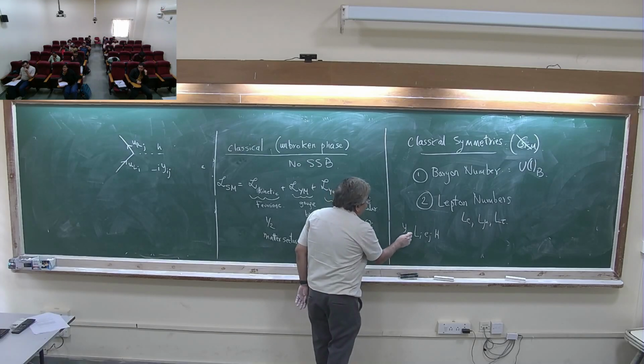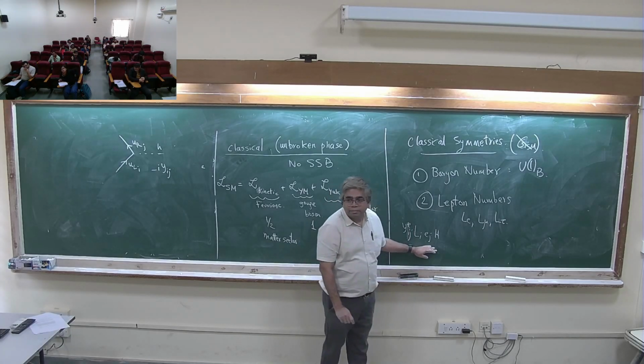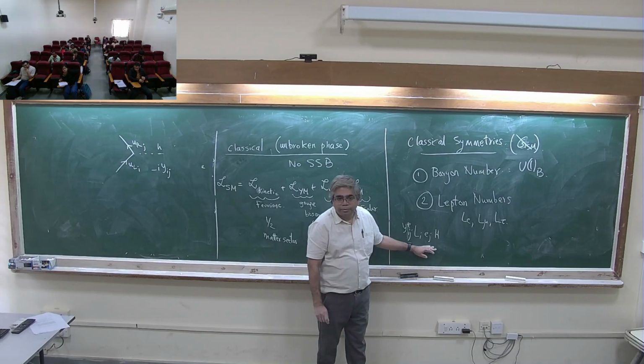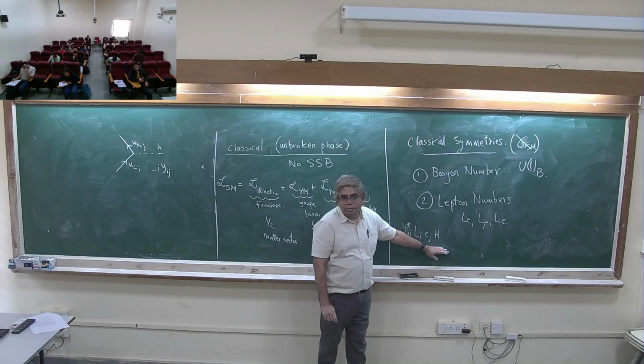Now, what you can do is, because you can always diagonalize this without any ambiguity in the Lagrangian, nothing will change.